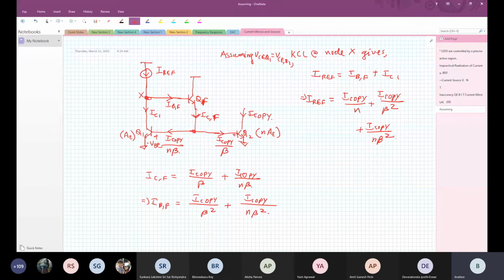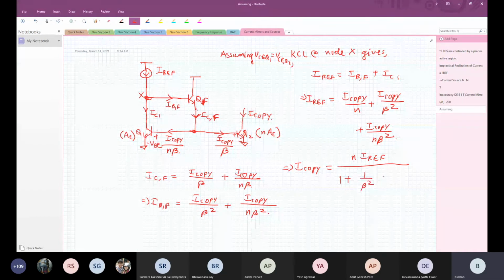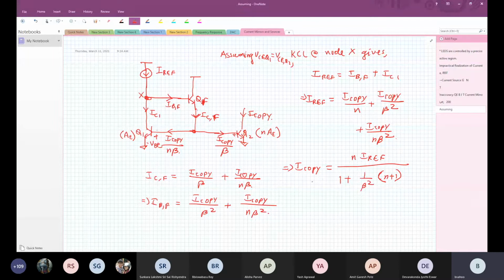Okay, so then what do you get? Therefore I copy equals N IREF divided by 1 plus 1 by beta squared times (N plus 1). Now can you tell me what happens in the previous example case?